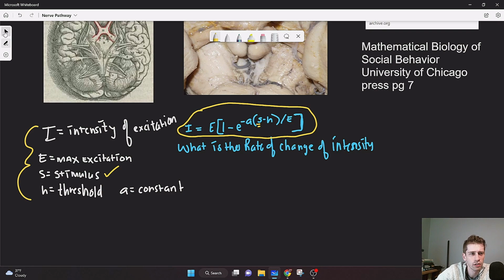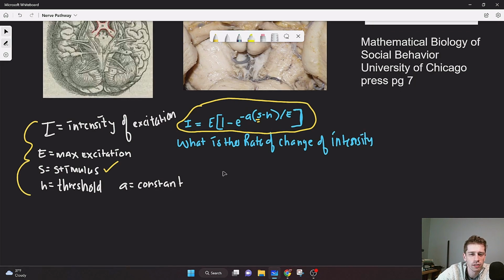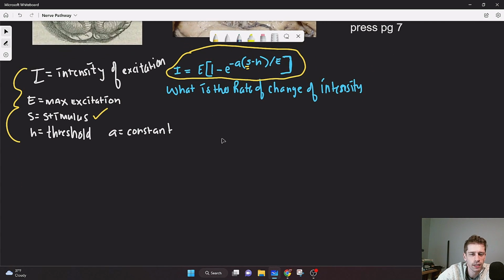Let's find the derivative of this equation with respect to S. I'll rewrite this.